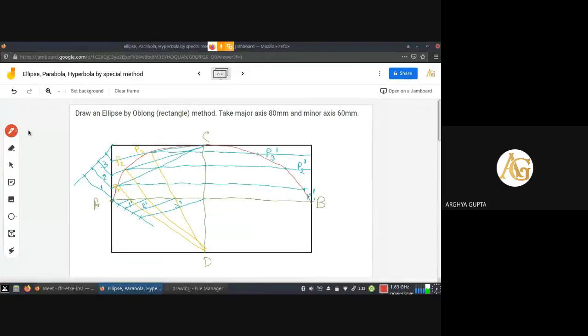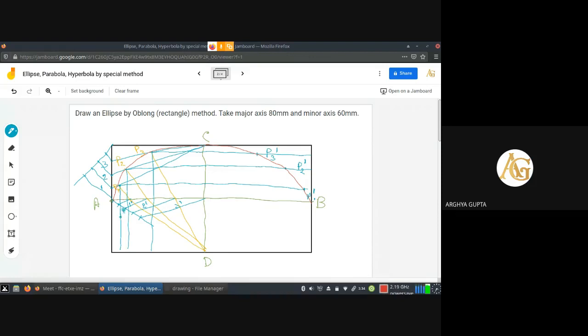Now you have to repeat the same mirror image concept for the remaining 2 portions. So we need to draw a vertical line from P1, again a vertical line from P2, and a vertical line from P3. Now again the similar process from P1. The distance of P1 from AB will have to be taken, and this will have to be marked here.